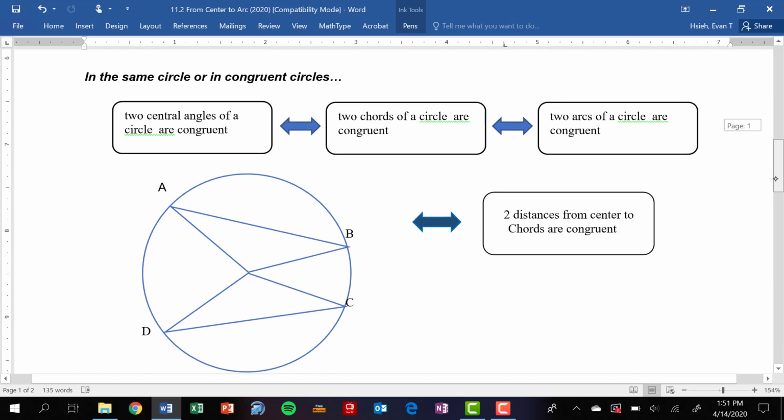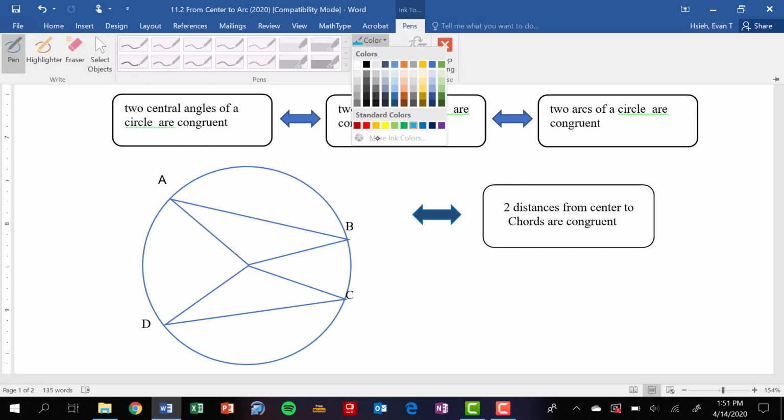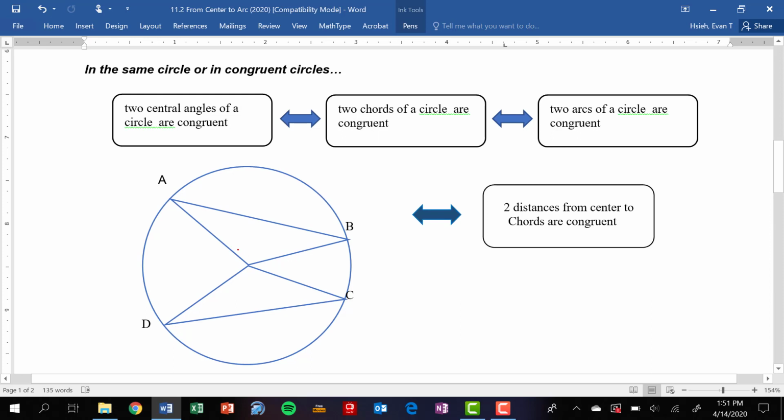And then the next piece of information for this section is this idea that if I have two central angles of a circle that are congruent to each other, so if these central angles here are congruent to each other, and I take the endpoints of the central angles and join them with a segment and create chords, then those two chords of the circle are congruent to each other.